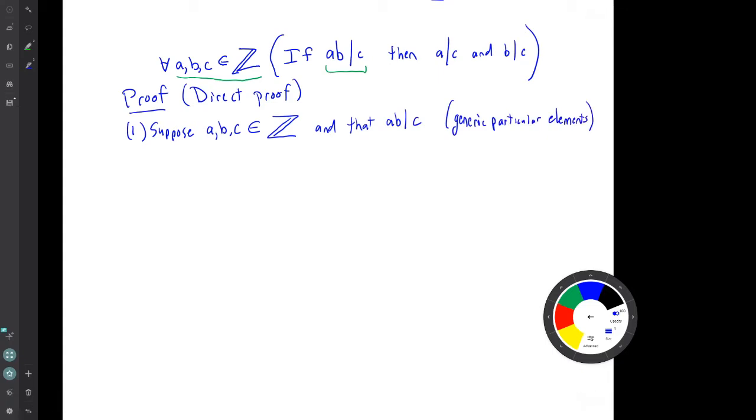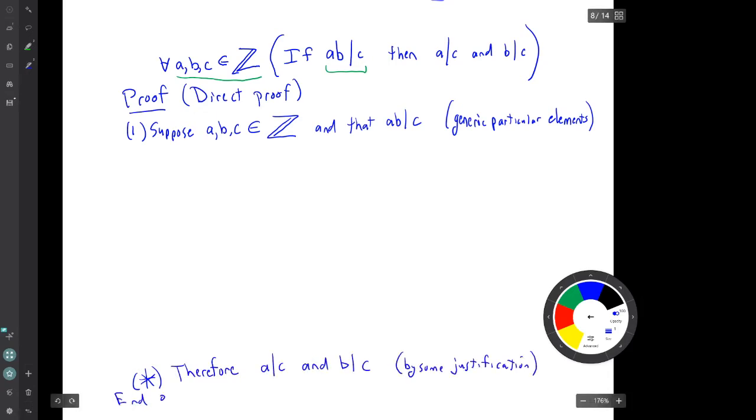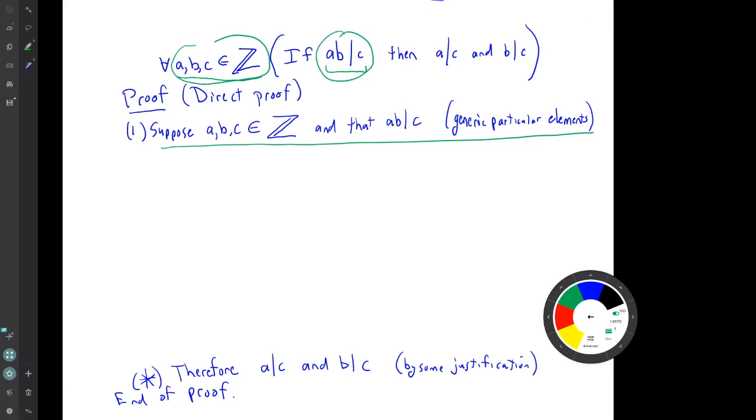That's the first part of the direct proof structure. The second thing we get from the direct proof structure is the way the proof has to end. So in this direct proof structure, again, the generic particular element that satisfies the requirements described in the description of the domain and on the hypothesis, that generic particular element, or the three of them, show up in the very first statement.